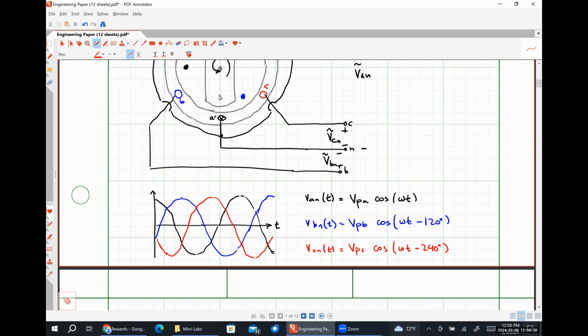All right, so we now have an understanding of how we get these three different phase angles. So if all of the coils that are used are made of the exact same type of wire and the exact same length, then the induced voltages are actually going to be the same as well.